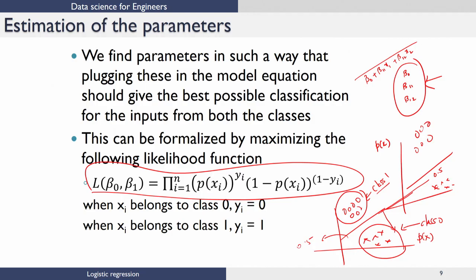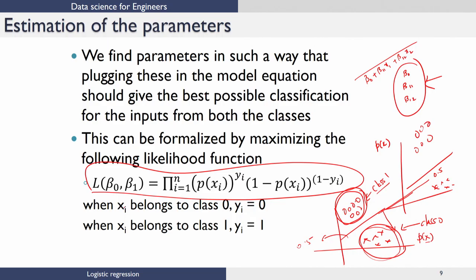So, in other words, we can paraphrase this and say, for any data point on this side belonging to class 0, we want to minimize p of x when x is substituted into that probability function, and for any point on this side, when we substitute these data points into the probability function, we want to maximize that probability. So, if you look at this here, what this says is if this data point belongs to class 0, then yi is 0.